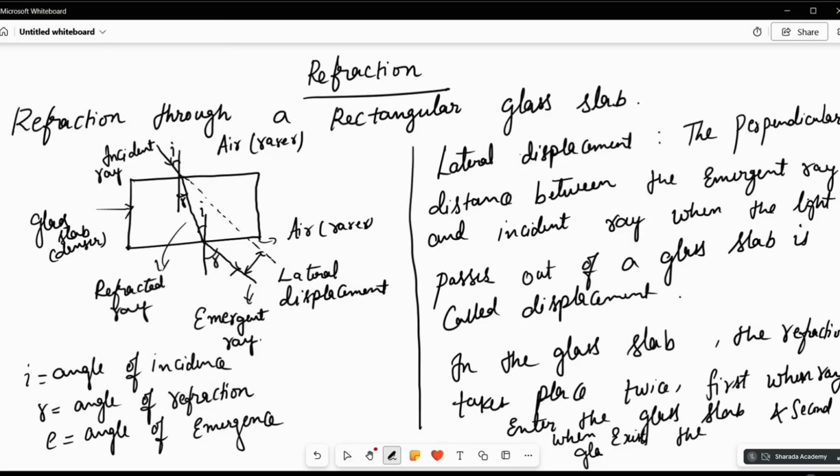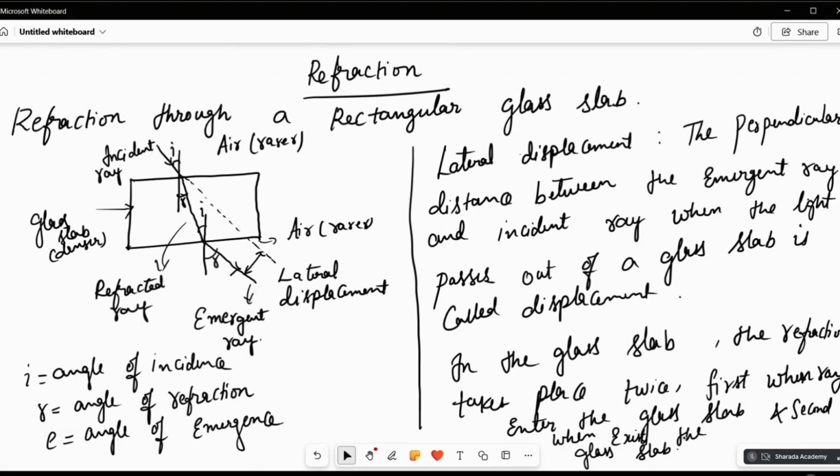Okay. So here, once again I explain, listen, refraction through a rectangular slab. If you consider like that, this is a glass slab, some thickness it has. So what happens first, there will be refraction two times.